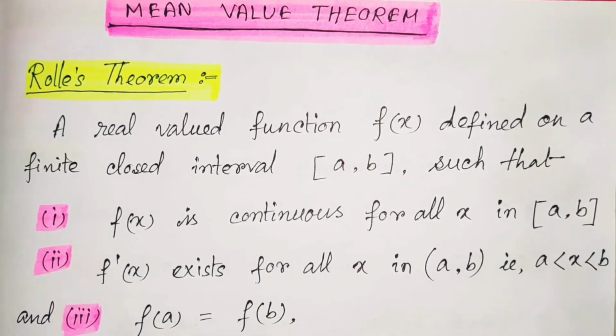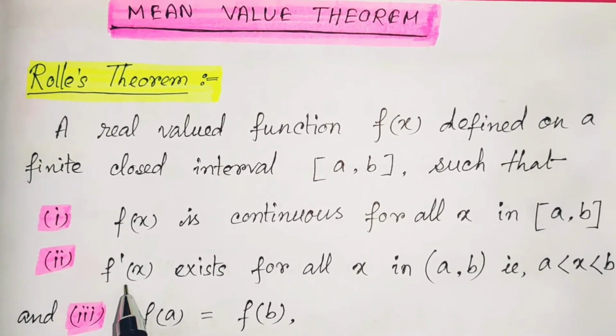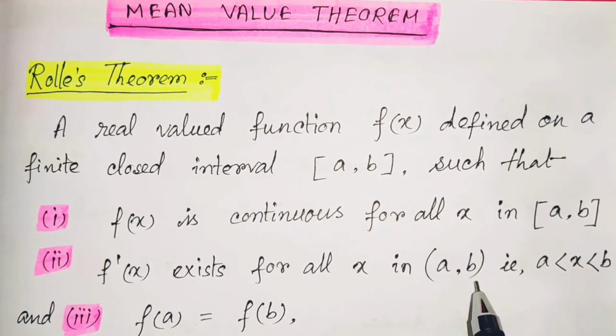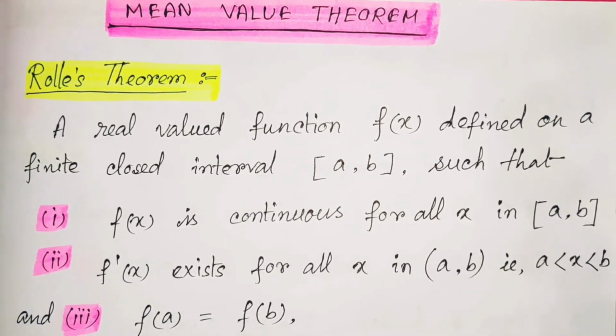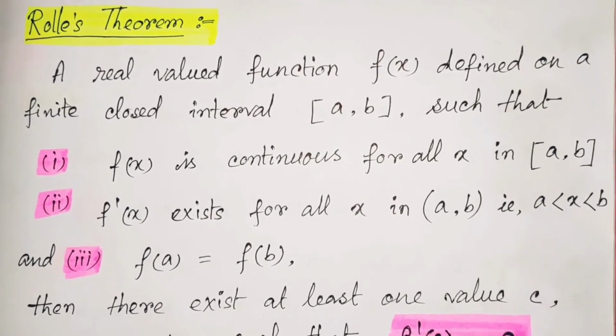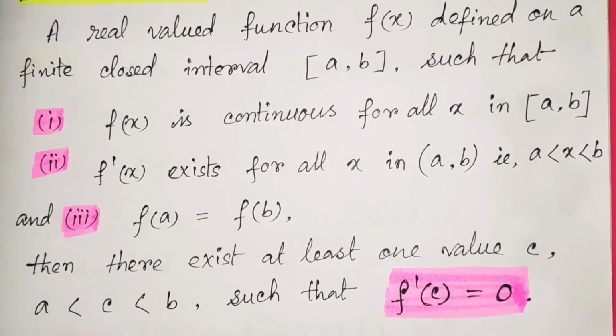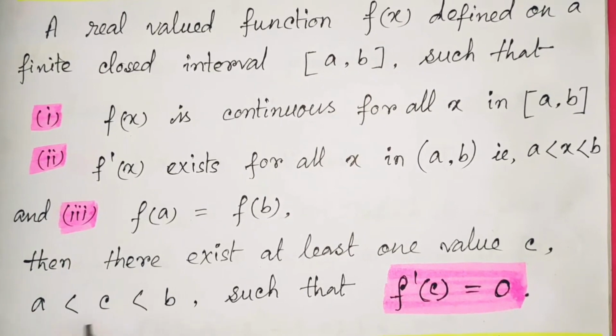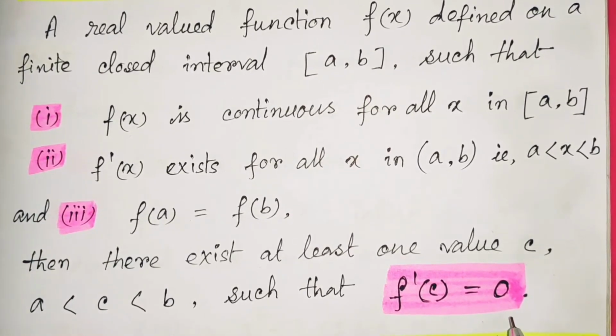If f'(x), that is the derivative of the function, exists for all x in the open interval (a, b), and f(a) is equal to f(b), then there exists at least one value c in between a and b such that f'(c) is equal to 0.